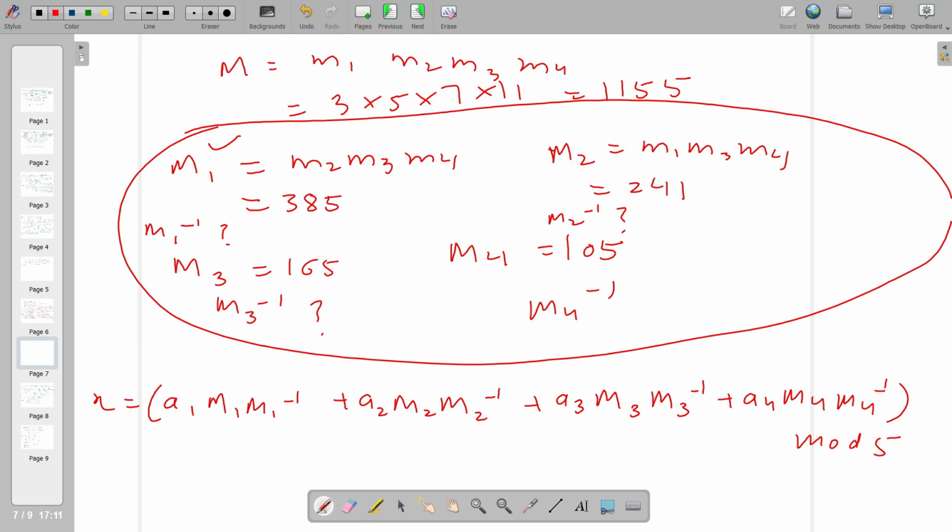So this is all about the Chinese remainder theorem, how we can solve a system of equations using it.